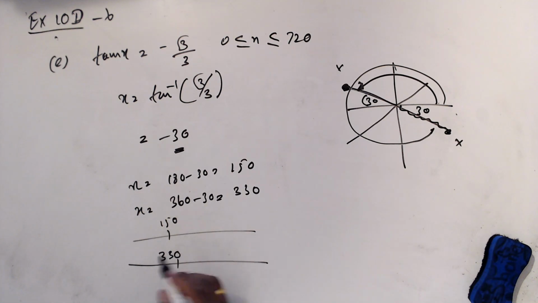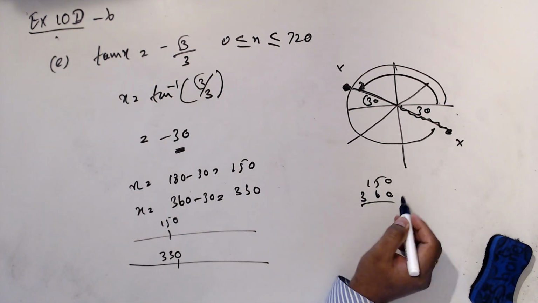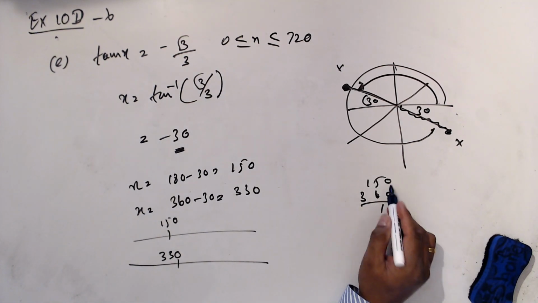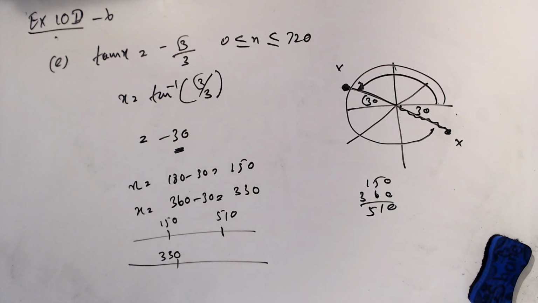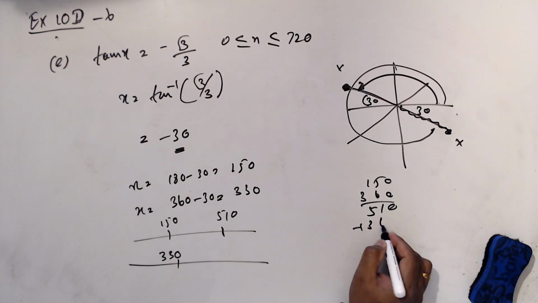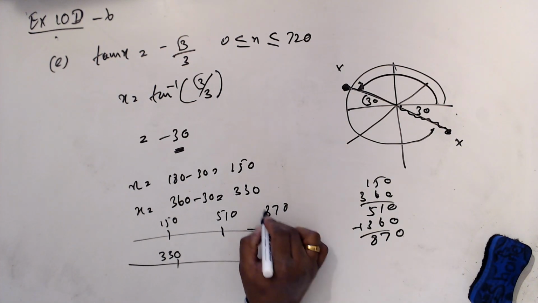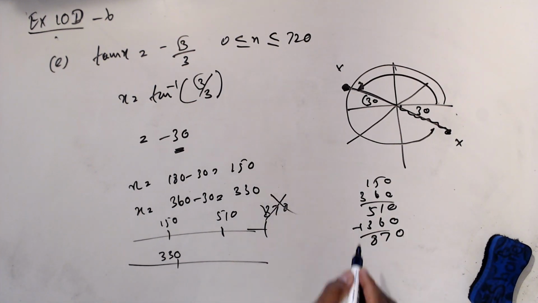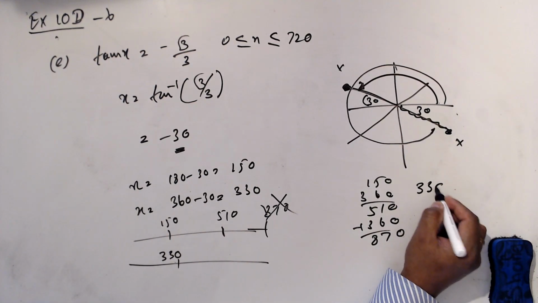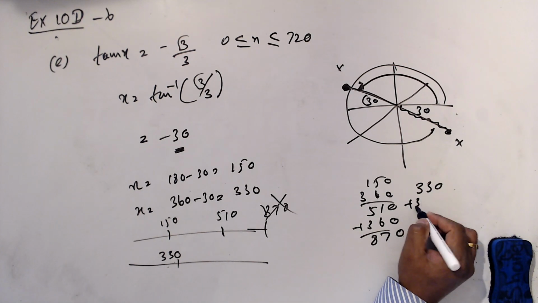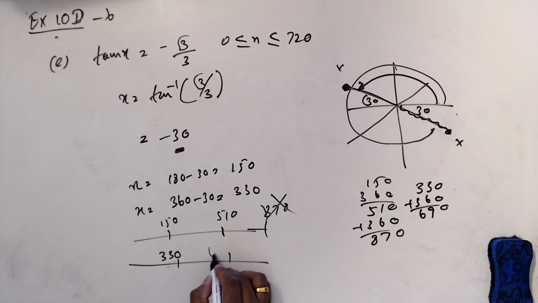Now we have 150 and 330. Now we'll add 360s. 150 plus 360 is 510. If I add another 360, 870 is out of range, so this is not the answer. 330 plus 360 is 690, that is fine.